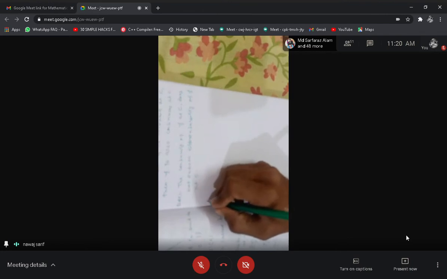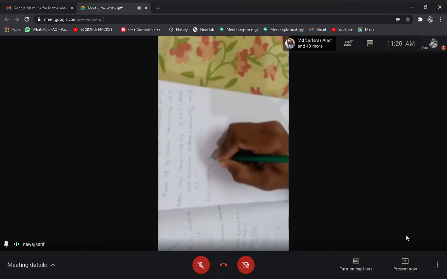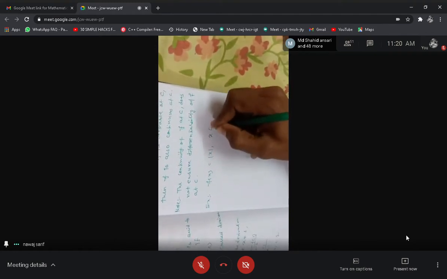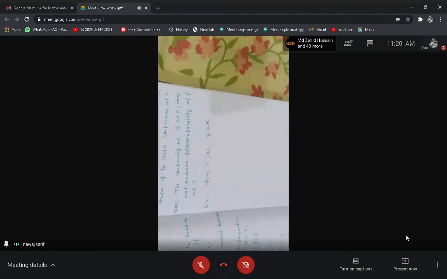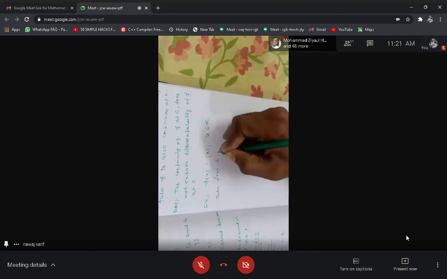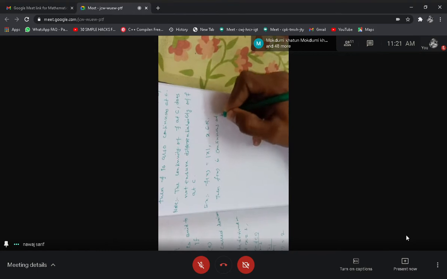For example, f x equals to mod x, where x belongs to R. Then f x is continuous, then f x is continuous at x equal to 0.